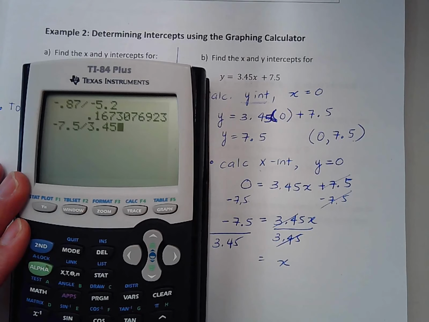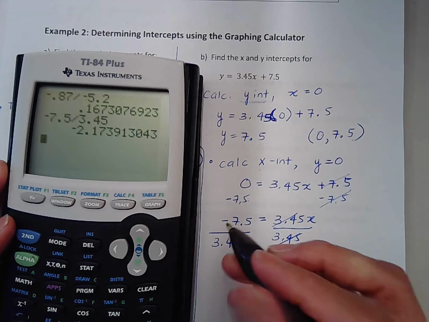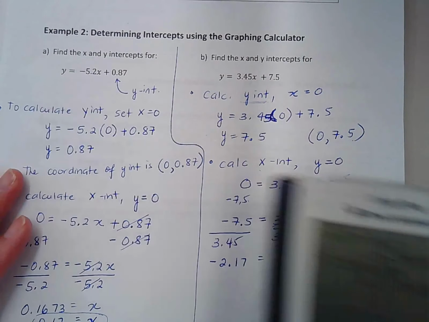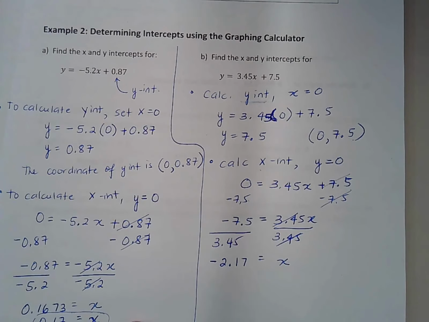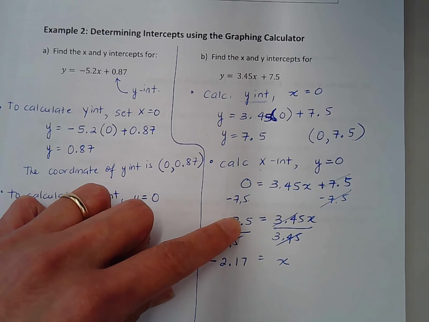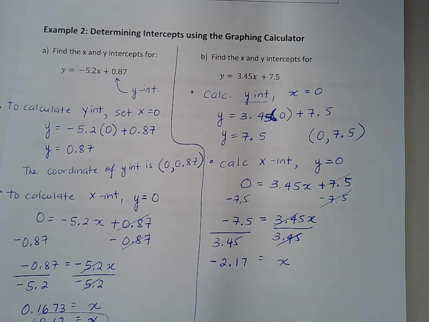We have 0 equal to 3.45x plus 7.5, and we divide the whole thing by 3.45 on both sides.